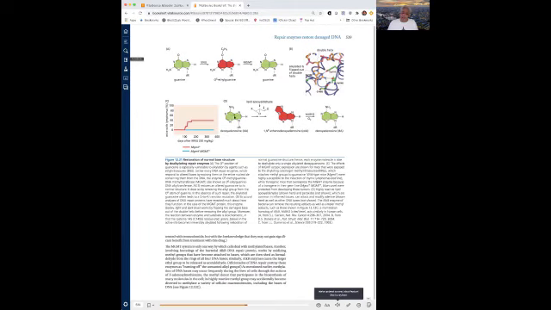That can then attack the bases, forming DNA adducts, okay? Naturally, we have some systems in the body that use enzymes and their activity to restore the chemistry back to normal. You can see this part of the molecule is removed, restoring the base back to where it should be.